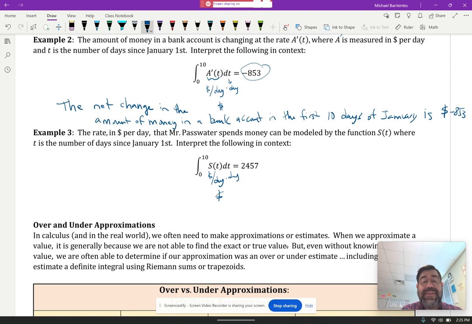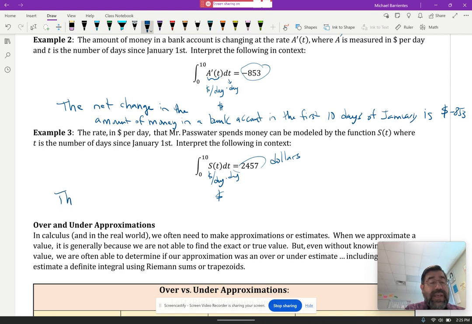I'm left with dollars. So this is a dollars situation. But what are we finding? Well, this function is only measuring how much money he's spending. It's not measuring how much money he's earning and spending. It's just the amount spent.